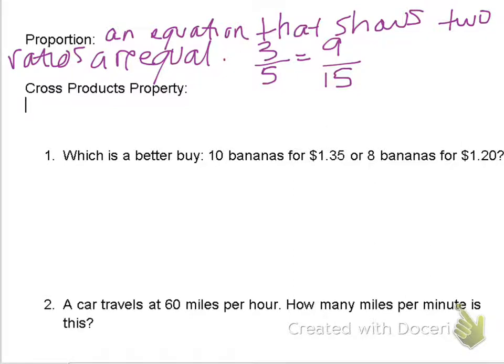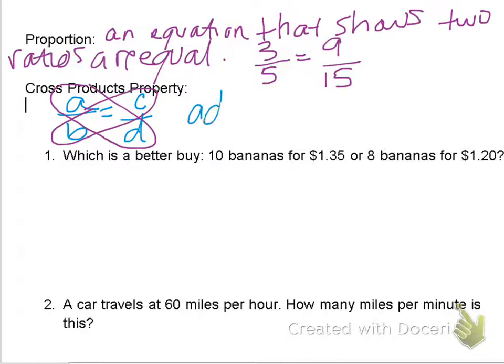Okay, the one last thing we're going to talk about here is the cross products property, which you've heard of before. It's just a reminder. You can just write the property in using letters. A over B equals C over D. And if we were to use cross products, we'd multiply A times D, and that would be equal to C times B. And that is what we call cross products.